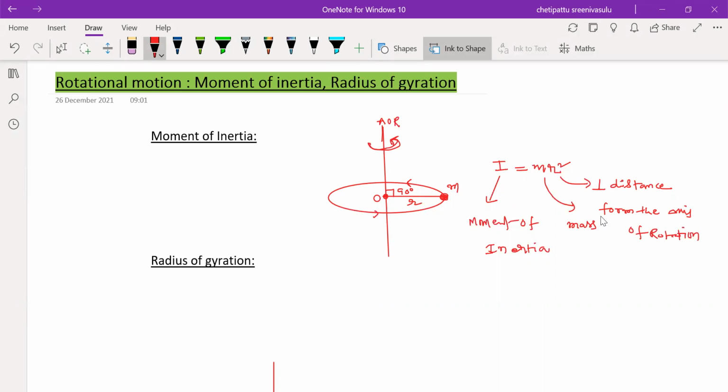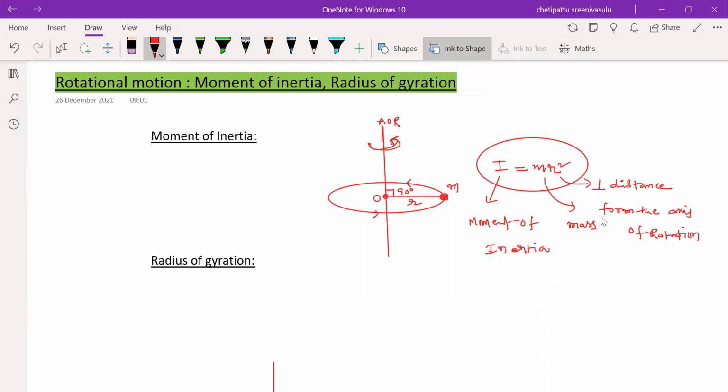You need to keep in mind I equals mr square. This is the moment of inertia.